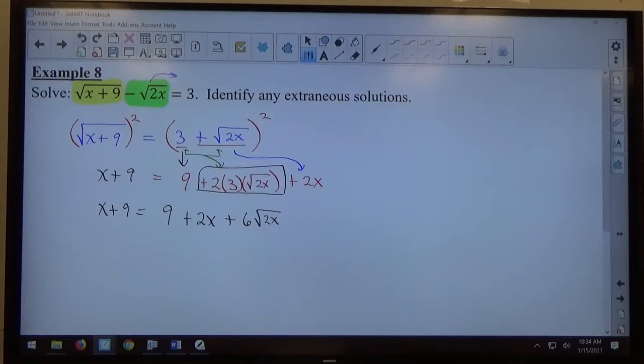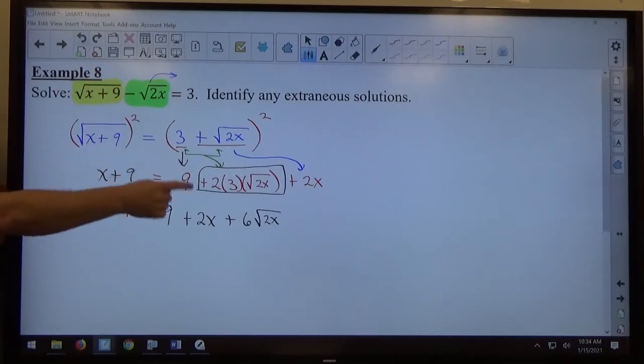So after you've completely simplified that, that's pretty much step 1 in a nutshell. Square both sides, get rid of the radical, and then just beautify it up a little bit. If you did it properly, we started off with 2 radicals, we should be down to 1 radical object.